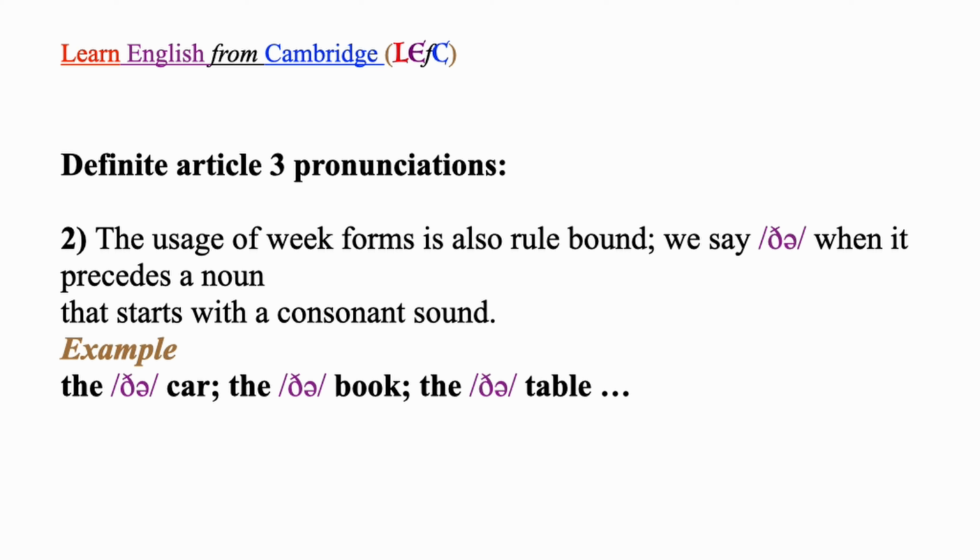Each noun starts with a consonant sound: k, b, t. So when we use the definite article before them, we pronounce it as the car, the book, the table.